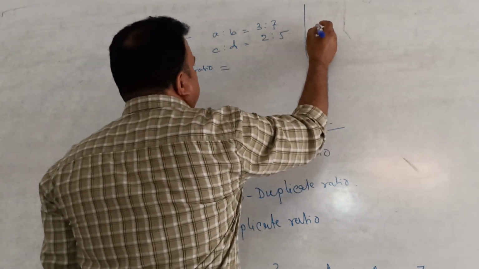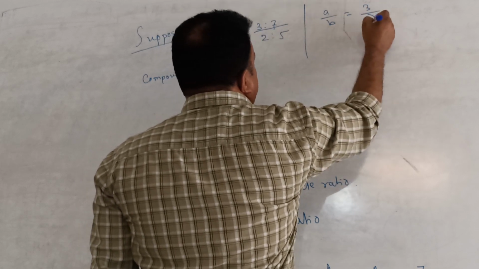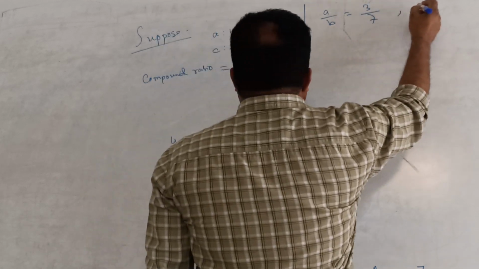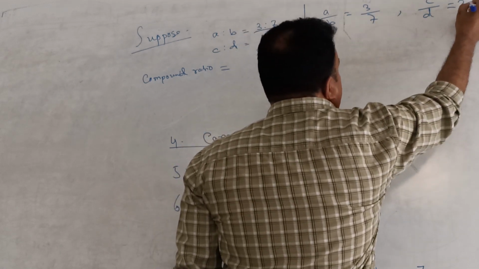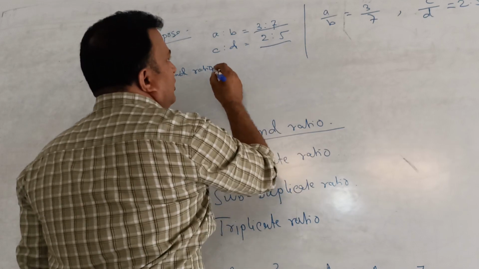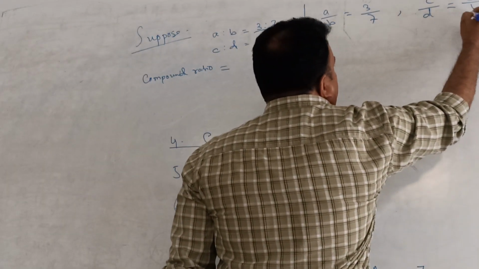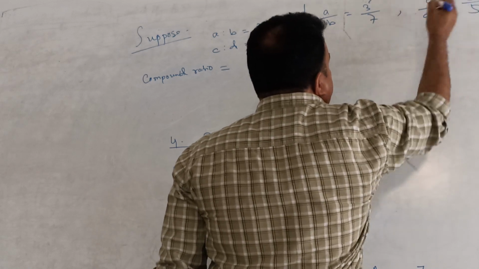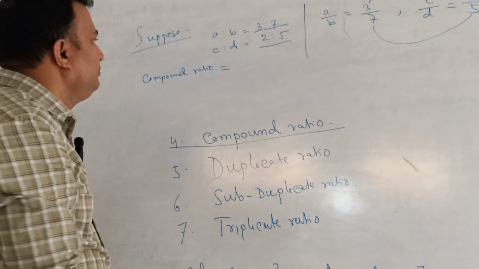We can write here A by B is equal to given 3 by 7 and C by D is given 2 is to 5. Therefore compound ratio is, you have to multiply this numerator part and you have to multiply this denominator part.